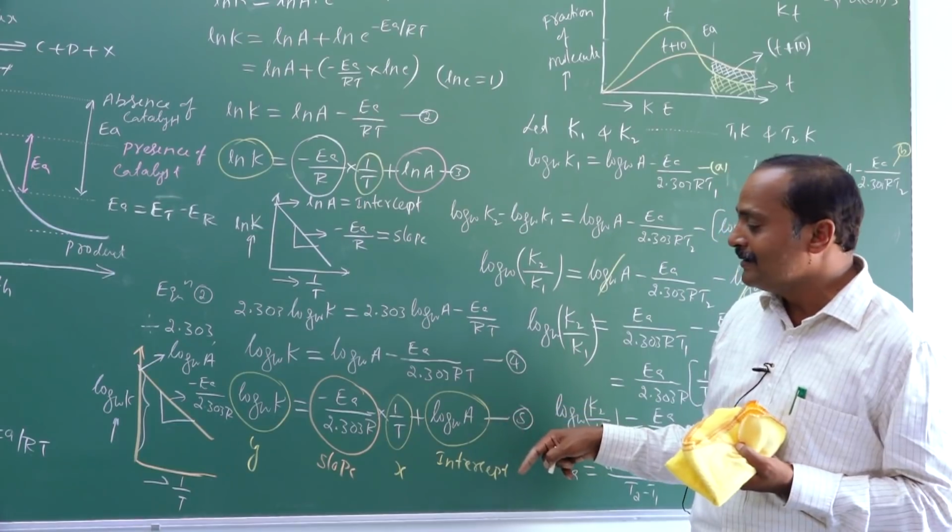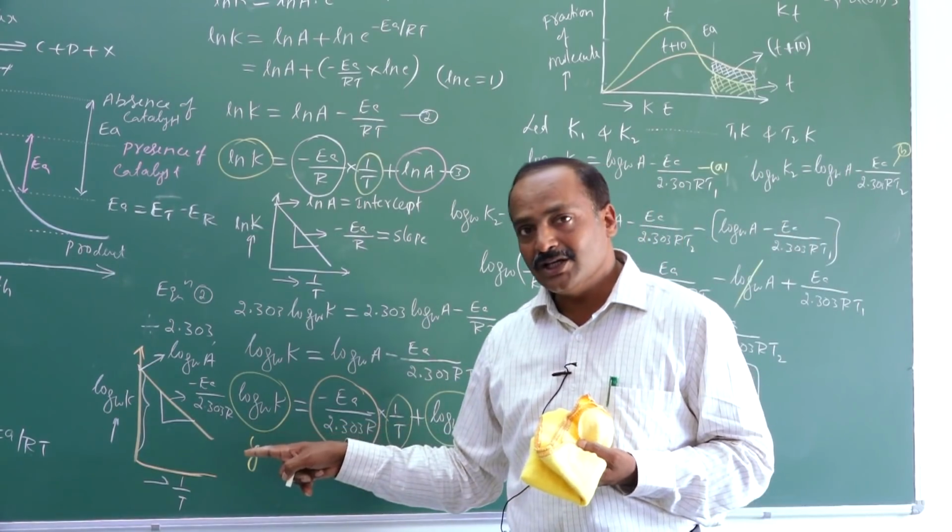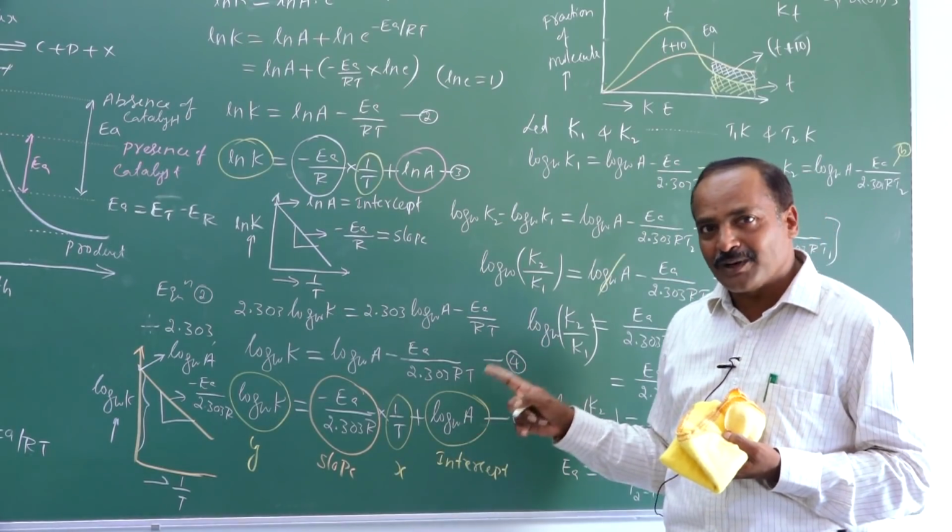Modified equation number 4: log base 10 K is equal to minus A by 2.303 R into 1 by T plus log A. Look here, this equation is in the form of y is equal to mx plus c.